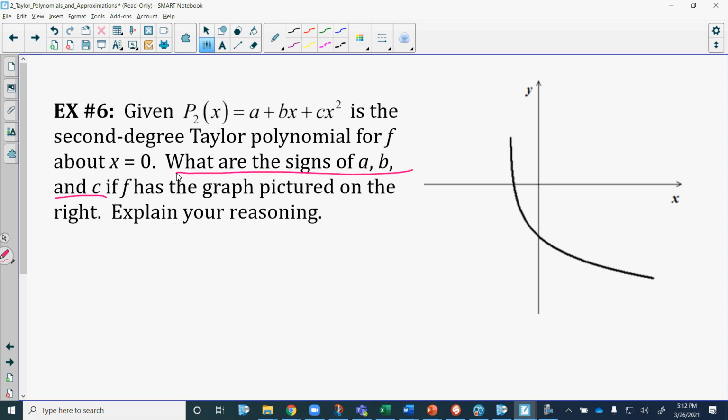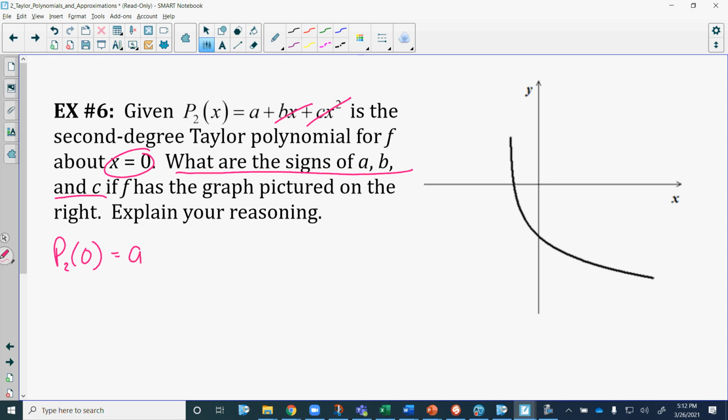So here, because it's centered about 0, I can say this second degree polynomial at 0 would just be a, because if I just substitute 0 into the given function, these things go away, and I'm left with just a.